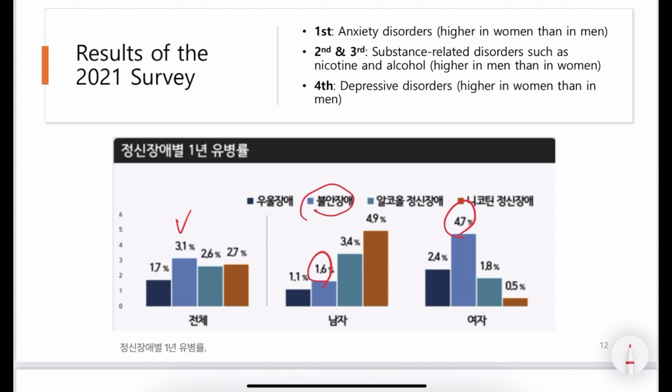Second is alcohol use, followed by nicotine use disorder in third place. Both of these are much more common in men than women. The fourth is depressive disorders, which like anxiety disorders are more common among women.